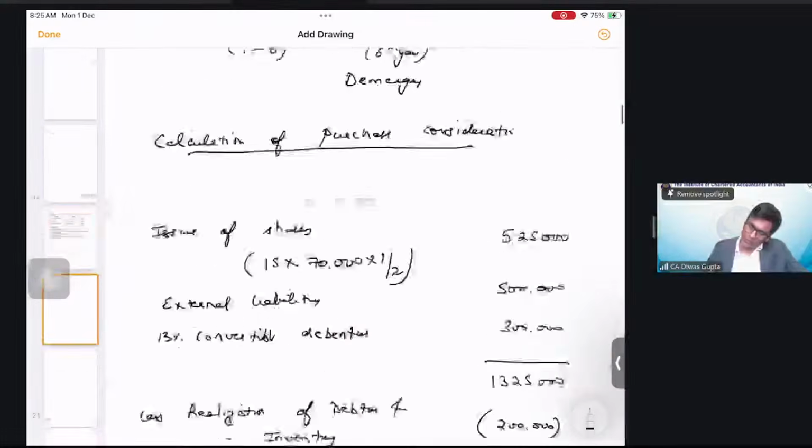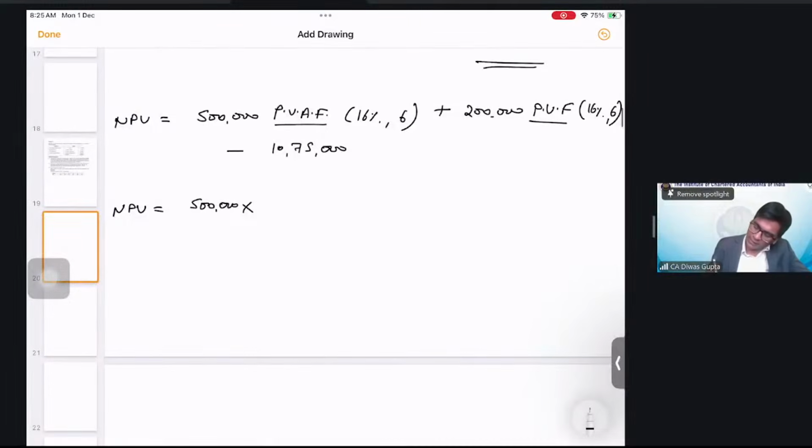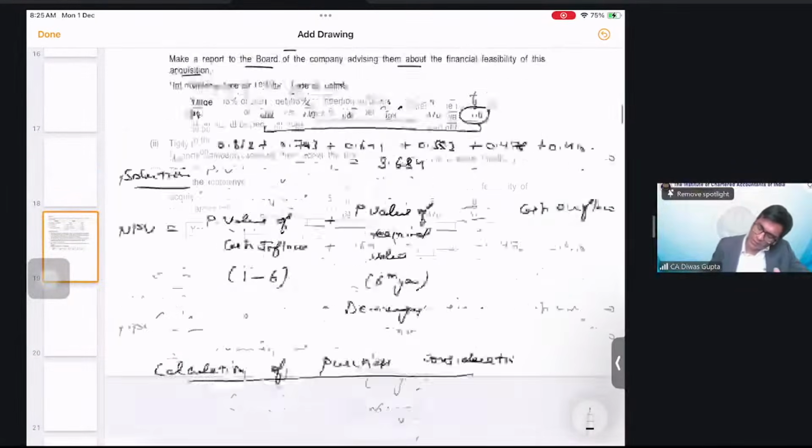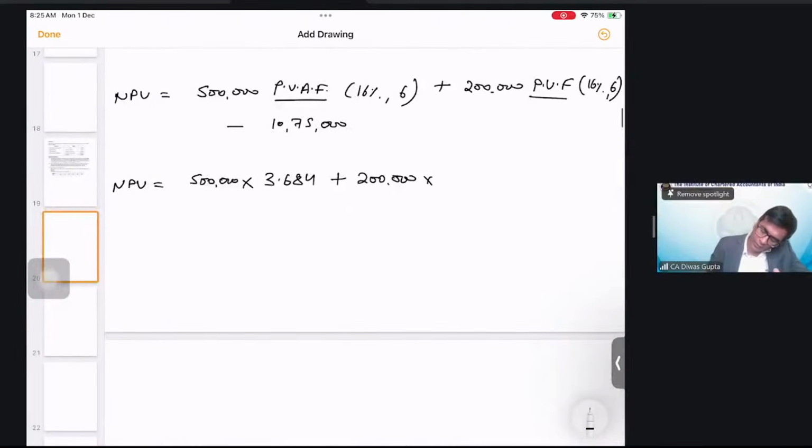Okay, so these all will get multiplied by 3.684, plus 2 lakh into the last factor, 0.410, minus 10,75,000.